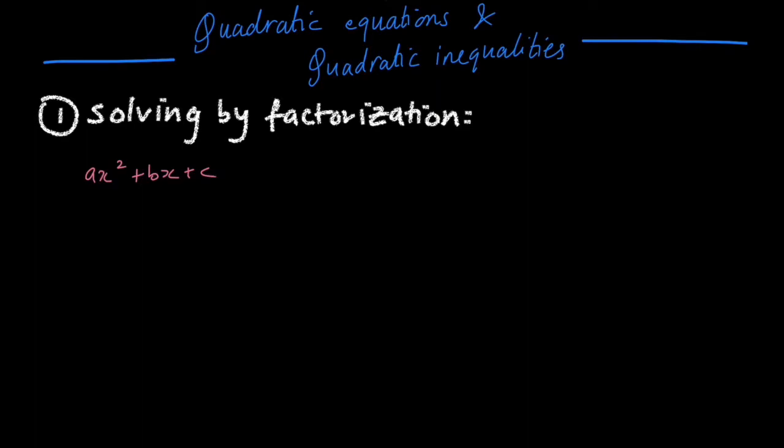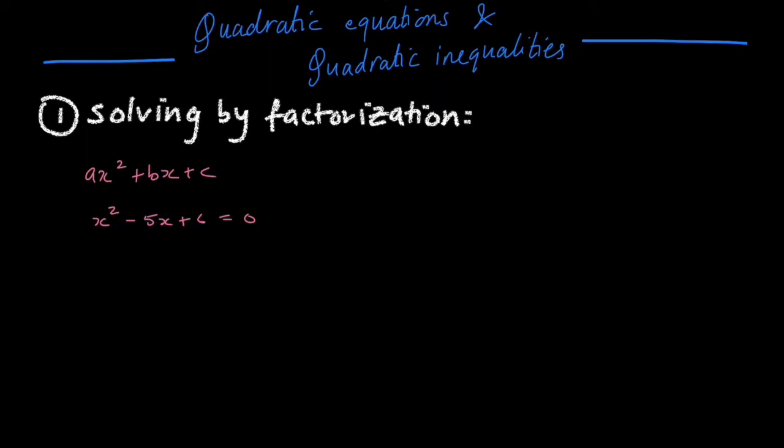Now, a solution to the quadratic equation is basically a value of x for which the equation is true. So let's look at an example. Let's say we have x squared minus 5x plus 6 is equal to 0.